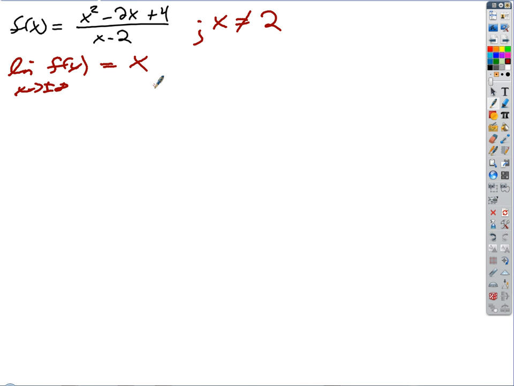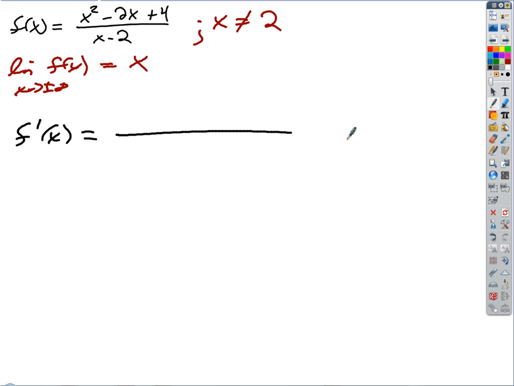Okay, we got a slant asymptote. Now we have to just do a little calculus. So what's our derivative this time? How are we gonna do that? Quotient rule, sure. Yes.